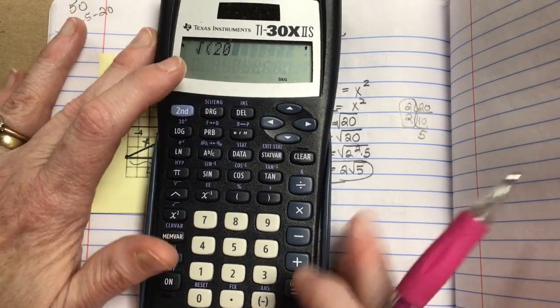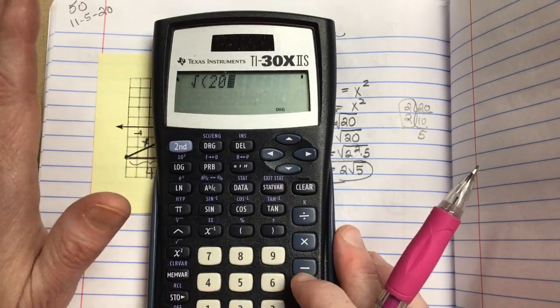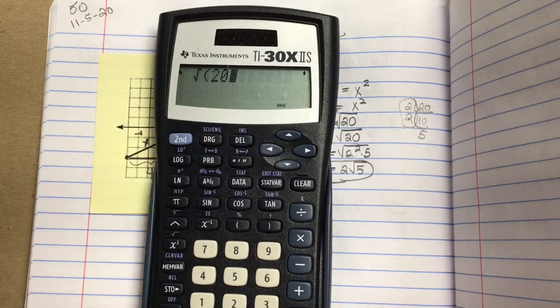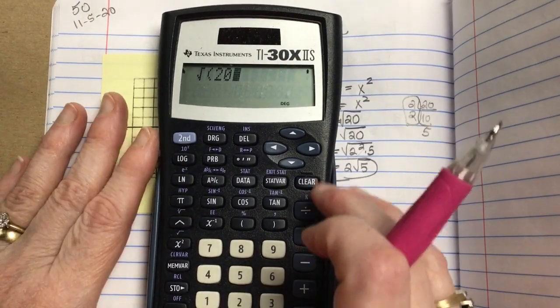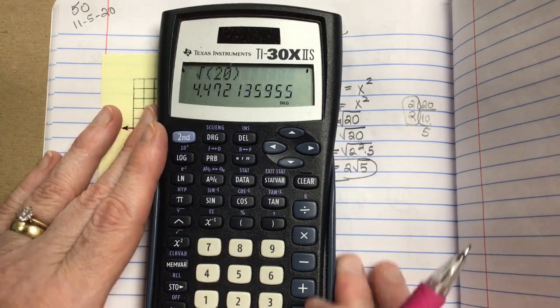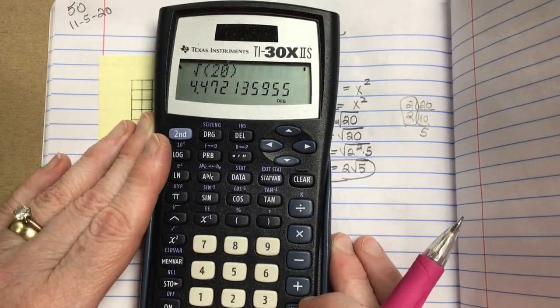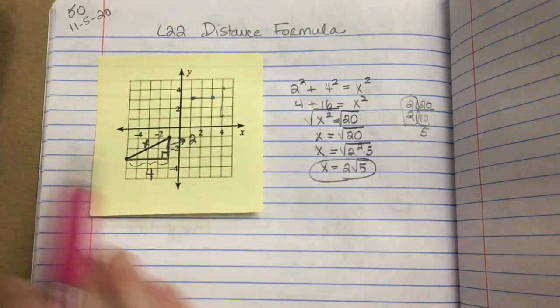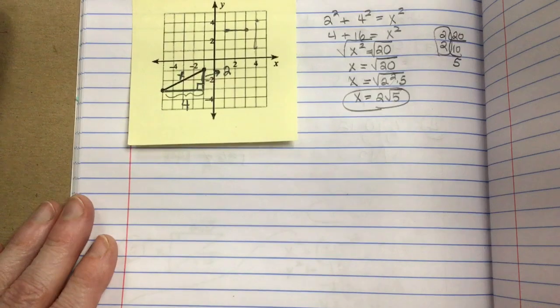Now, it's got an open parenthesis, and I always say, in English, you never have one open without it closed. It will give you the answer if you hit equal, but it's always a good habit to close those parentheses because sometimes it'll get you. So if you were rounding that, it would be about 4.5 units, whatever we're doing. But definitely in math, we stay with that.